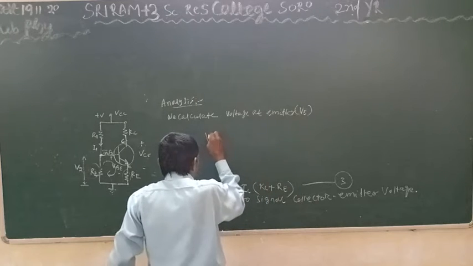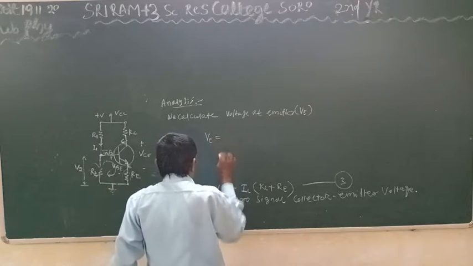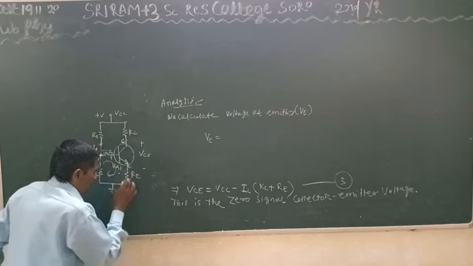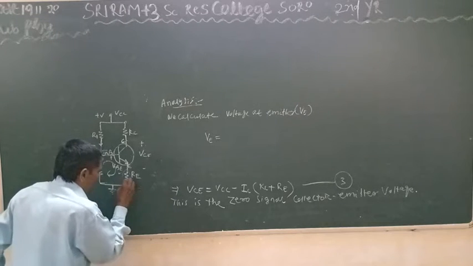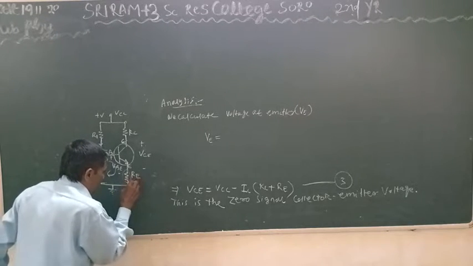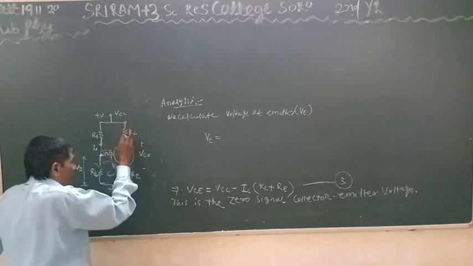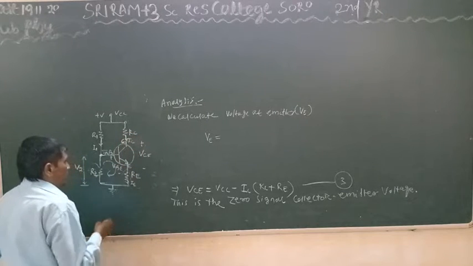Now VE equal to the current from the emitter circuit, that is IE, and the current from the collector circuit, that is IC.